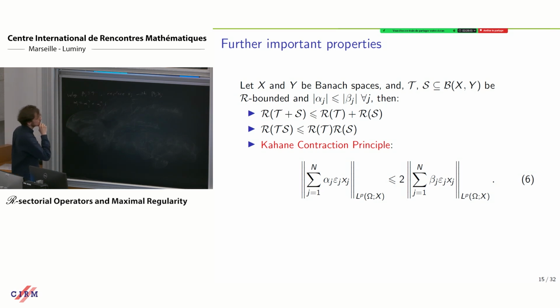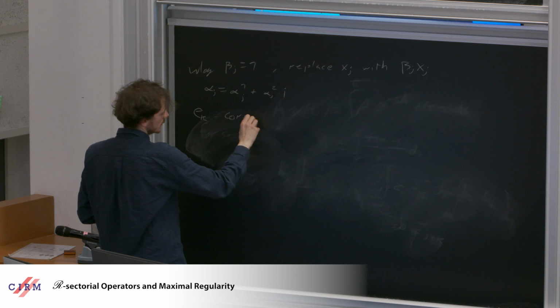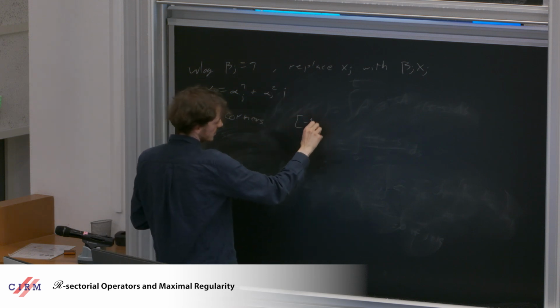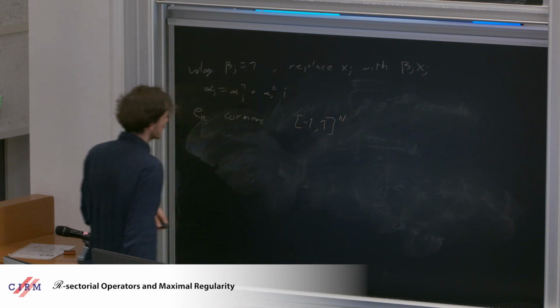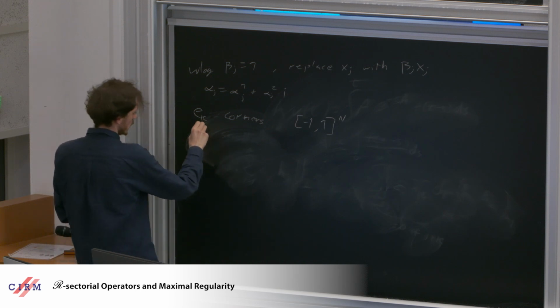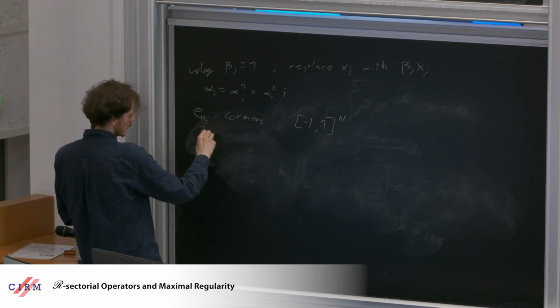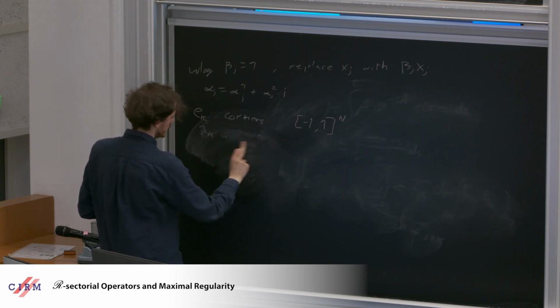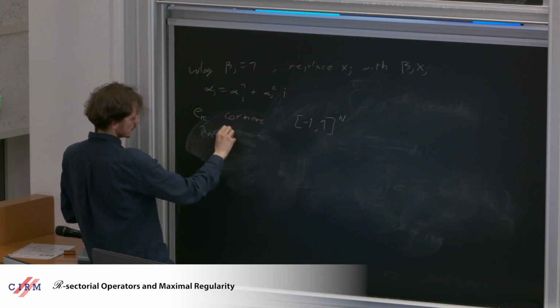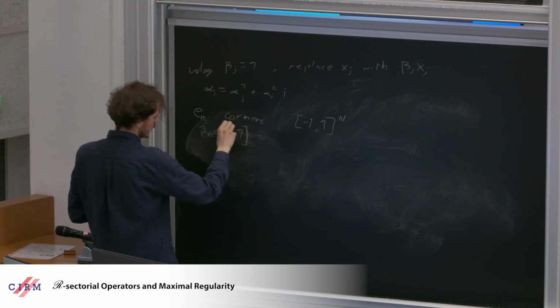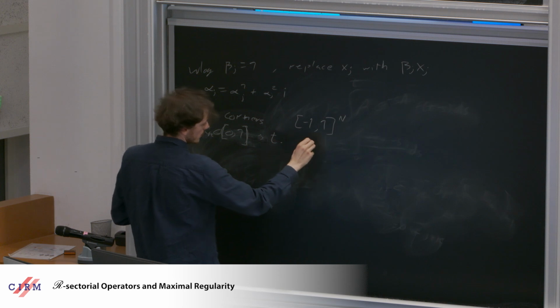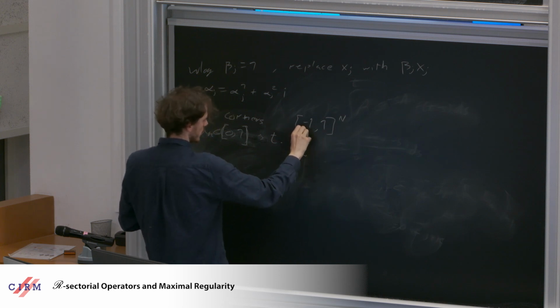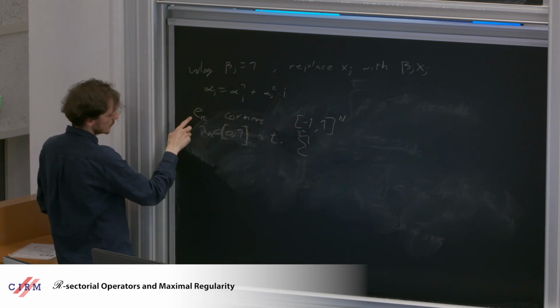And then to do that, we consider ek, the corners of the n-dimensional square. And then we take lambda k between 0 and 1, such that their sum is 1, where k is between 1 and 2n.